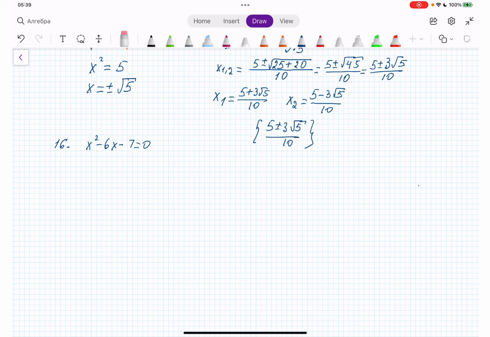So question number 16, x squared minus 6x minus 7 is equal 0. How are we going to solve this one? Now, because the coefficient here is 1, first thing I'm going to try is to factor it down. Every time we see the coefficient of x squared is equal 1, it doesn't necessarily mean you always can factor.